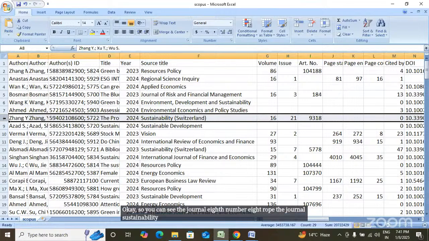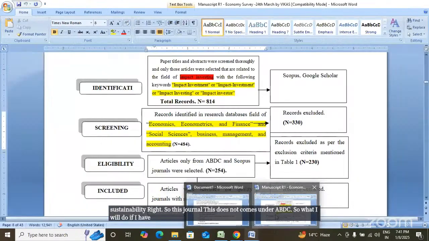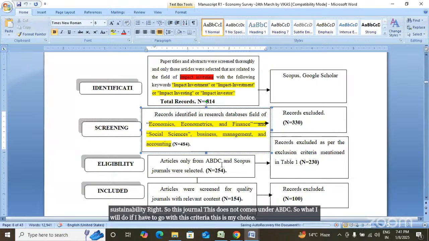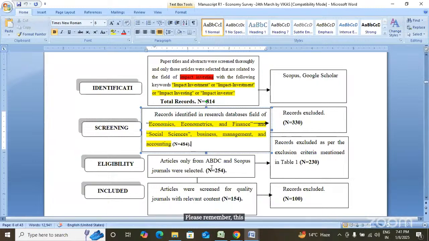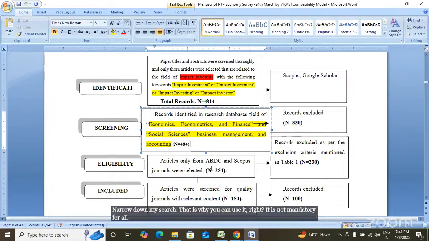So this journal does not come under ABDC. So if I have to go with this criteria, this is my choice. Please remember, this is not mandatory, but to narrow down my search and make it better, you can use it. It is not mandatory for all of you to use this, but just to get it published in a very good journal, I did this myself, right?